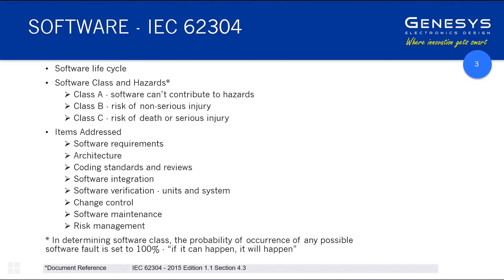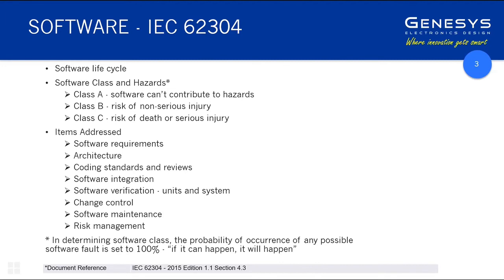If you've got a medical device that can't in any way cause harm to a patient, and the software running on it can't contribute to that, then it can be deemed class A. But at any point, even if there's a risk of non-serious injury, for example something happens in the surgery and the patient is not going to die from it, but you may have to keep the person under for a little bit longer, which could have other side effects because of the extra anesthetic being used, or something along those lines.